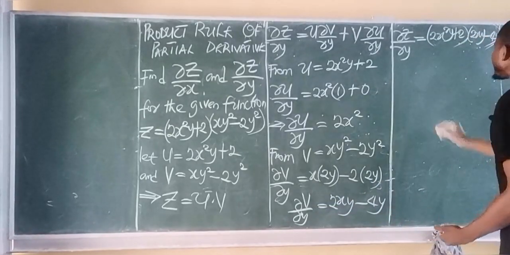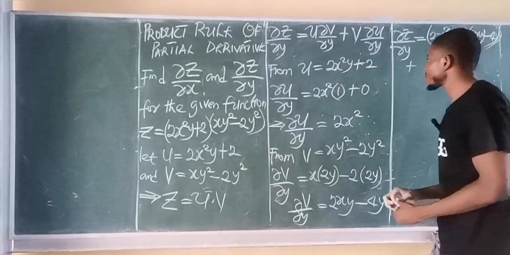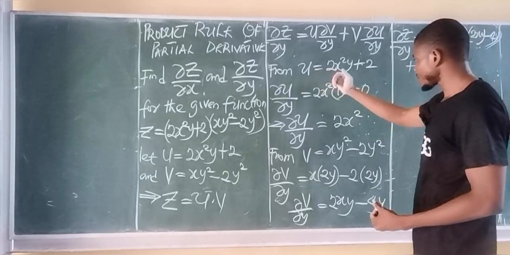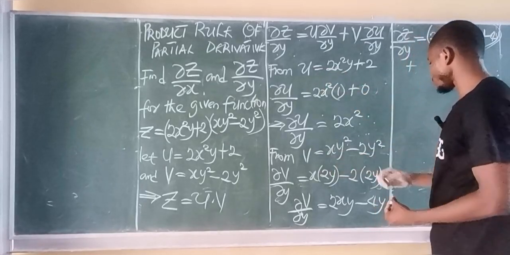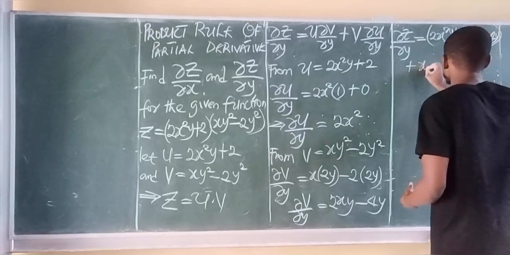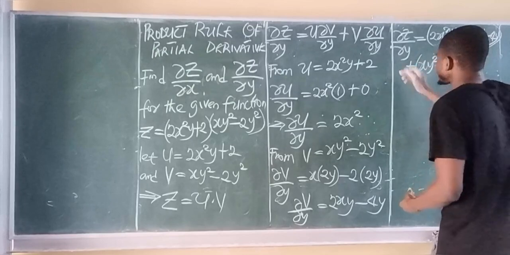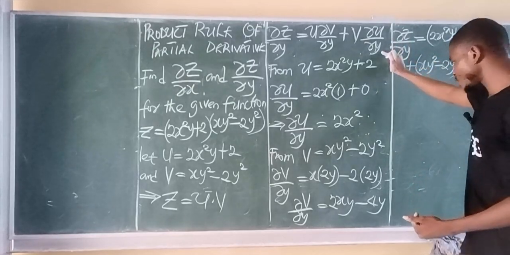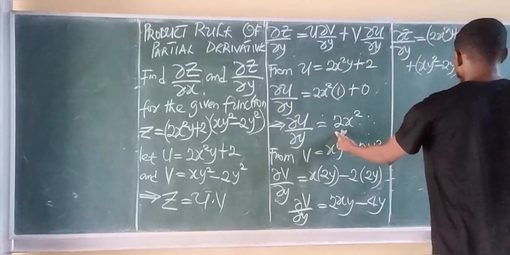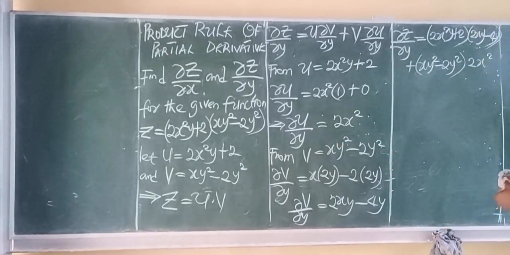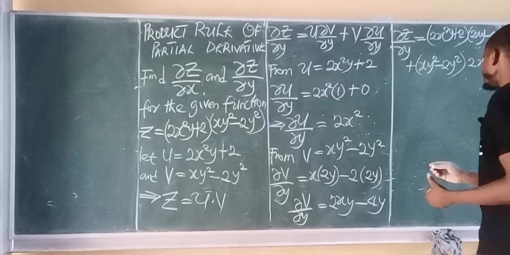Plus, next is to keep v constant, and v is xy squared minus 2y squared. So we have xy squared minus 2y squared, and then differentiate u with respect to y, and u dy gives us 2x squared. So we have times 2x squared. At this point, you may wish to expand the bracket and see if anything can add or subtract. So let's try that and see.